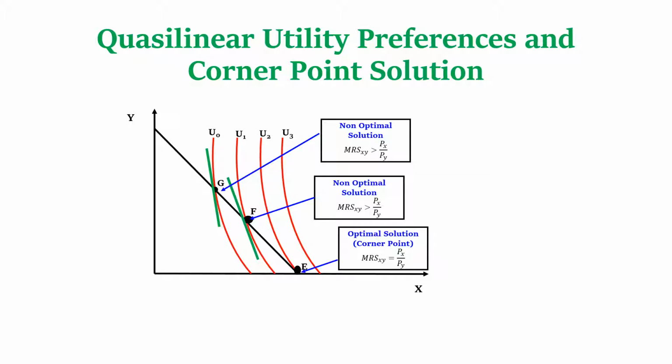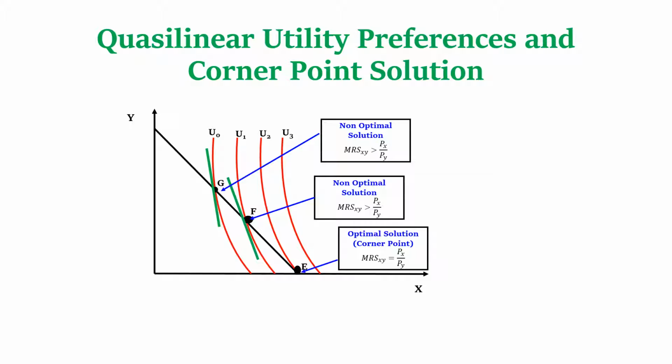Now let's look at the quasi-linear utility preferences and corner point solution. If we look at the diagram here, we see that the consumer optimal bundle is at point F on indifference curve U2. We notice that at point F, the marginal rate of substitution is not equal to the relative prices.